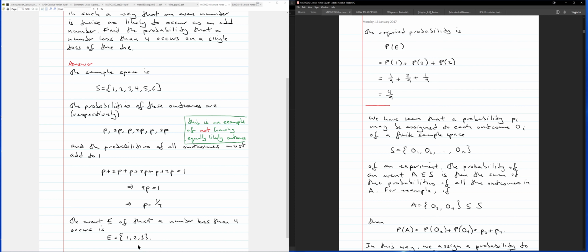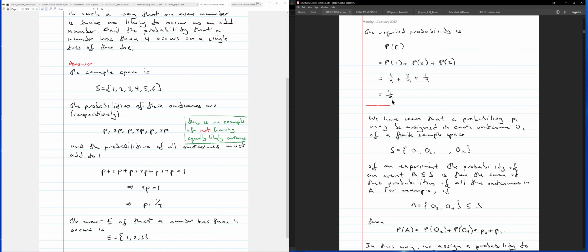Now remember, when the event is of a finite size, you really just add up the probabilities for each of the outcomes. So the probability of E occurring is the probability of 1 plus the probability of 2 plus the probability of 3. Remember, the probability of 1 is 1/9, the probability of 2 is 2/9, and the probability of 3 is 1/9. So the sum of these probabilities is 4/9, right?